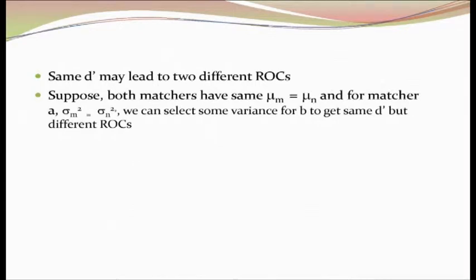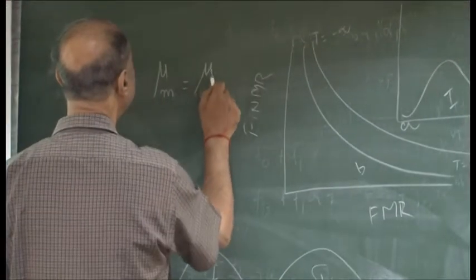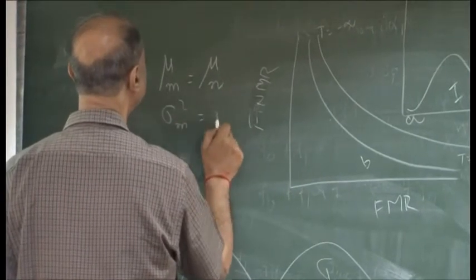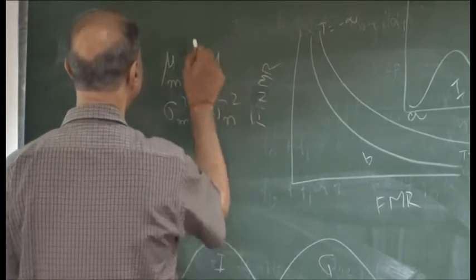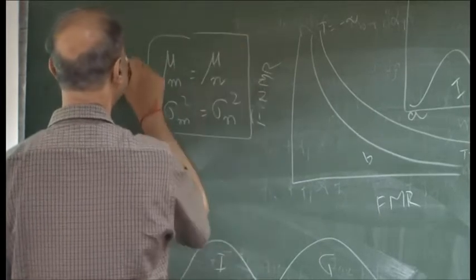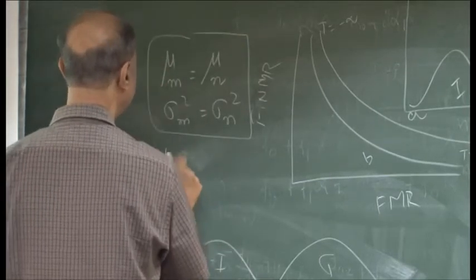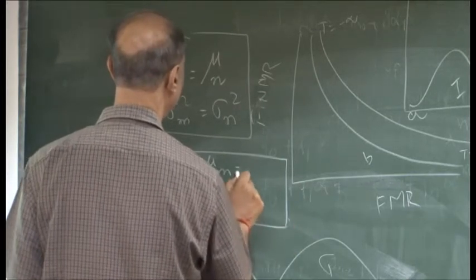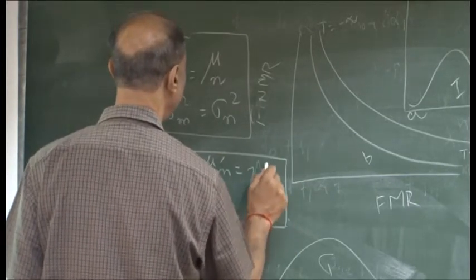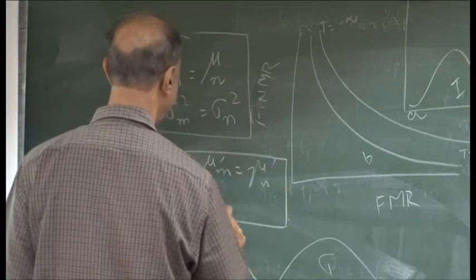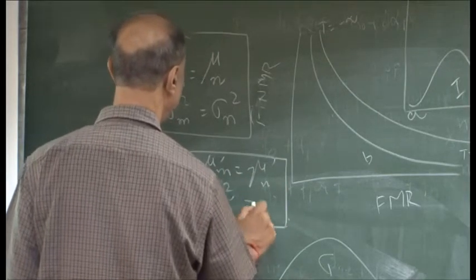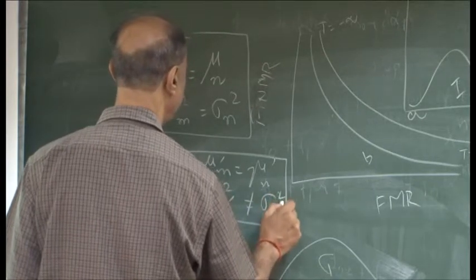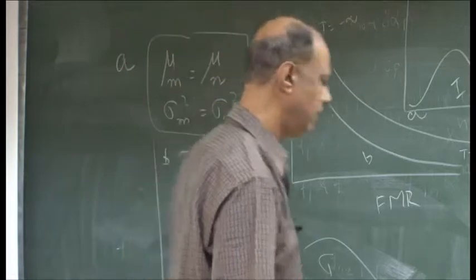Suppose you have mu m and mu n, they are equal, and sigma m square equals sigma n square. This is for matcher A. And in matcher B, mu m prime equals mu n prime and sigma m prime square not equals sigma n prime square, right?